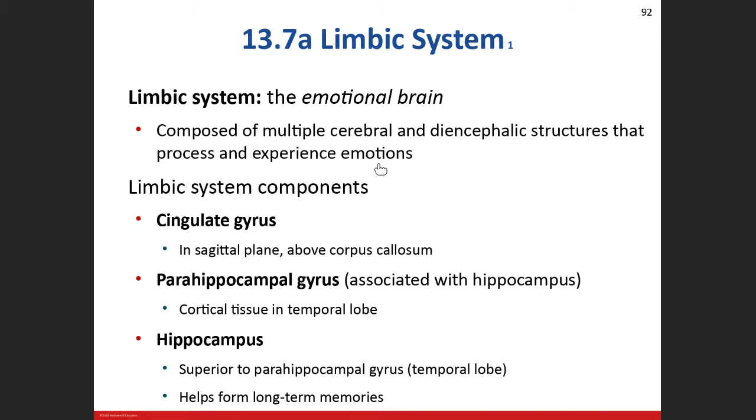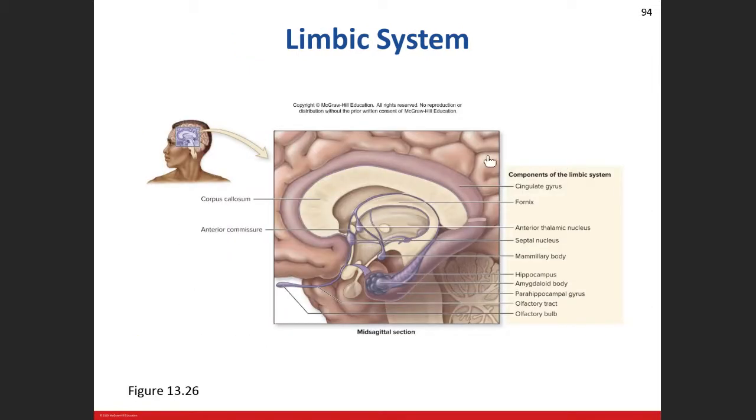The structures of the limbic system form a ring or border around the diencephalon. Look here, you can see that we can make a ring around the diencephalon. Although neuroanatomists continue to debate the components of the limbic system, we can have some classification of this system.